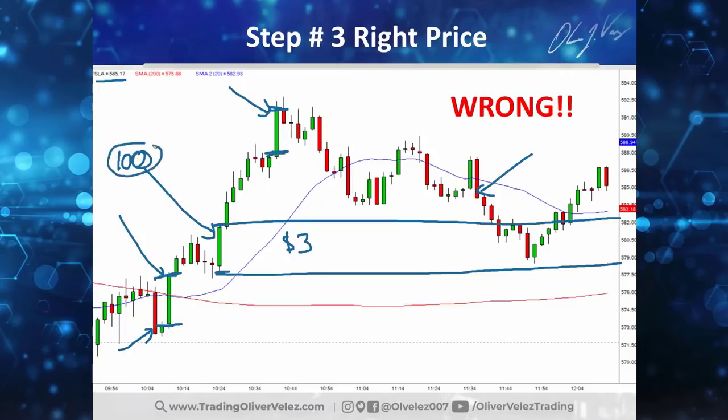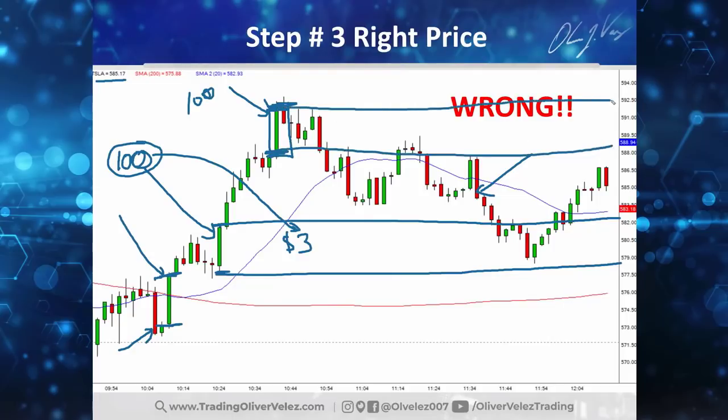A 100 share position that loses $3 loses $300. So 100 shares, measured by the size of this bar, loses from high to low. This is how we judge whether we're playing the right price range.